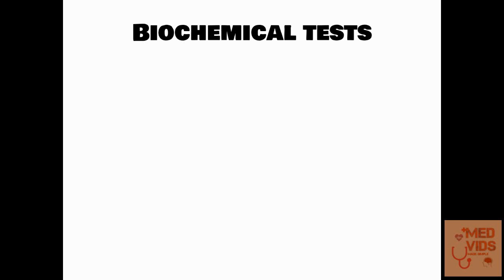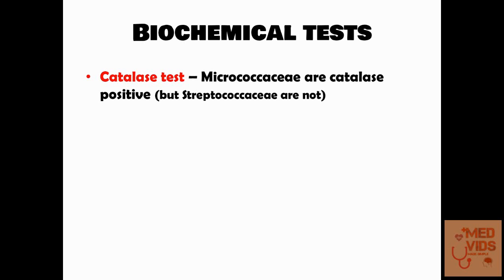The test required for that is the catalase test. Micrococcaceae are catalase positive, but Streptococcaceae are not. So first, remember we are performing the catalase test. If it is catalase negative, we are sure that it is not Streptococci, whereas if positive it can be Micrococcus or Staphylococcus, which both belong to Micrococcaceae.